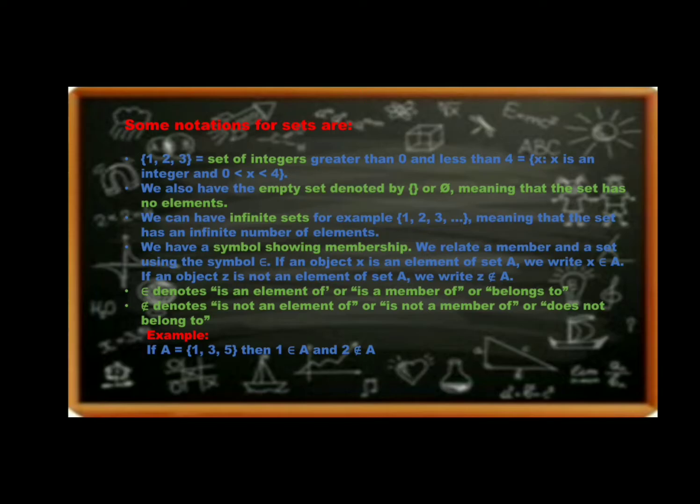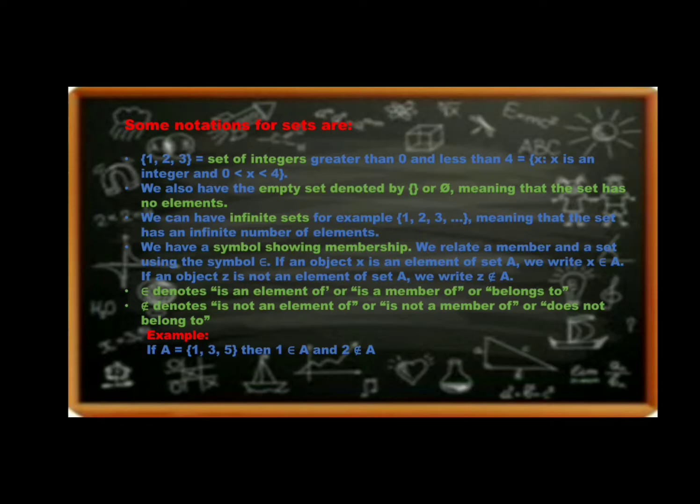We have a symbol showing membership. We relate a member and a set using the symbol ∈. If an object x is an element of set A, we write x ∈ A. If an object z is not an element of set A, we write z ∉ A. The symbol ∈ denotes "is an element of," "is a member of," or "belongs to."